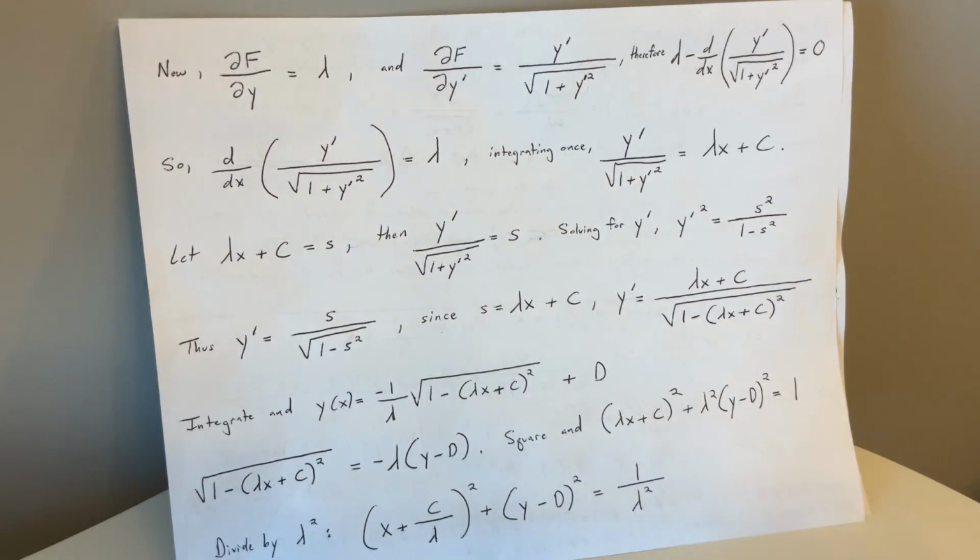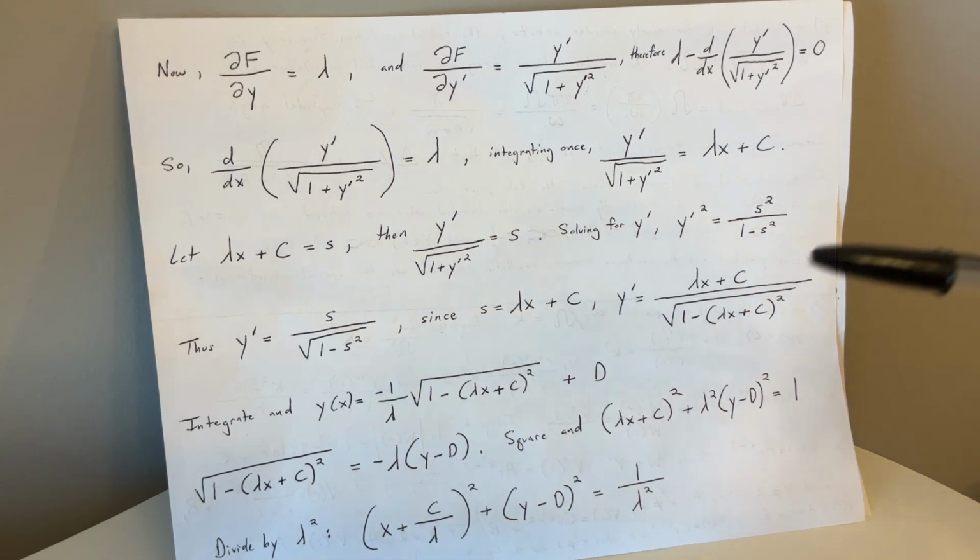So now we can solve for y prime. y prime squared equals s squared over 1 minus s squared. Then taking the square root on both sides, taking the positive value, y prime equals s over the square root of 1 minus s squared.